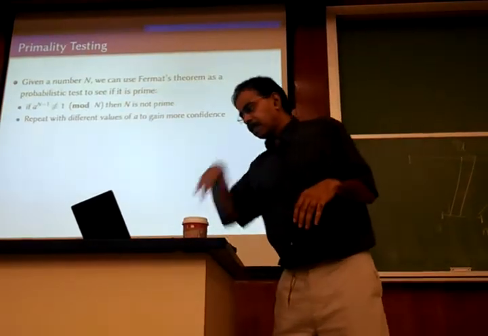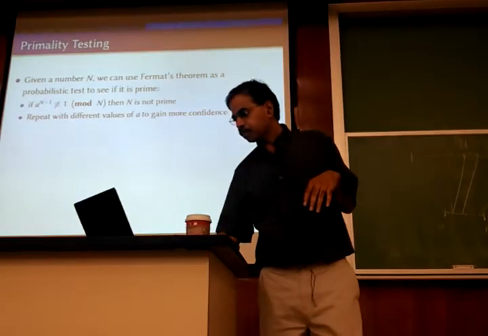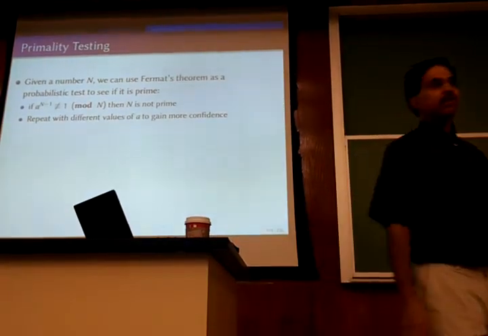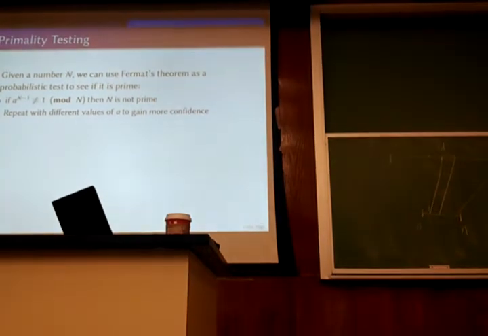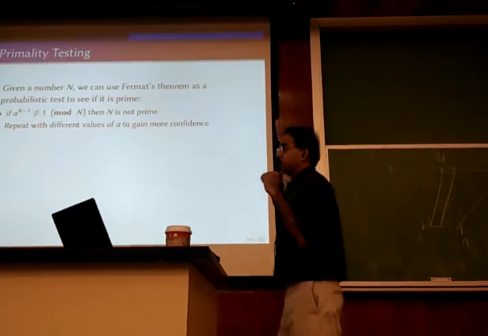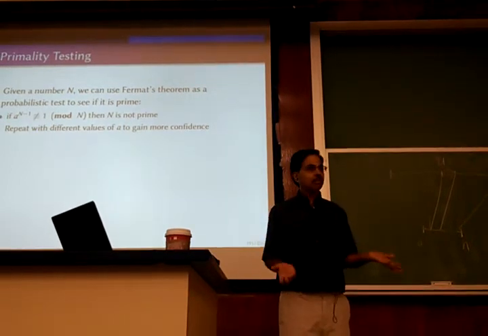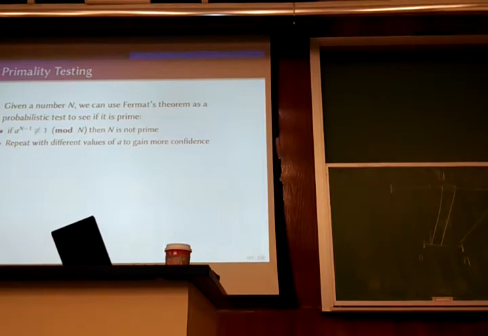So that is really how you do primality testing. You could use Fermat's test as a probabilistic test to tell you if something is a prime. If it says it's a prime, you're not sure, but if it says it's not prime, then you're sure that it's not a prime.